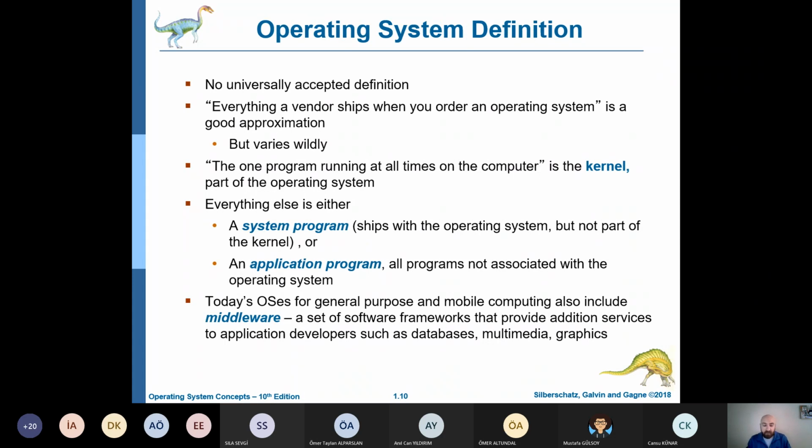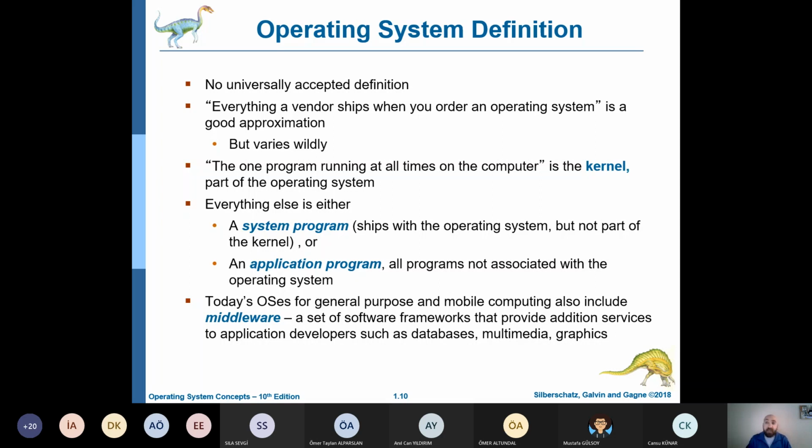So we can basically say that we don't have a universally accepted definition for operating systems. Then the question is, how can we define what an operating system is? As I said, we don't have a universally accepted definition, but still we can try to make one.